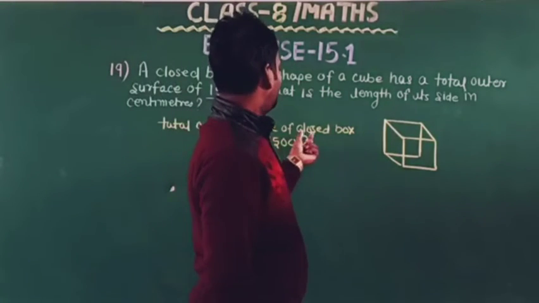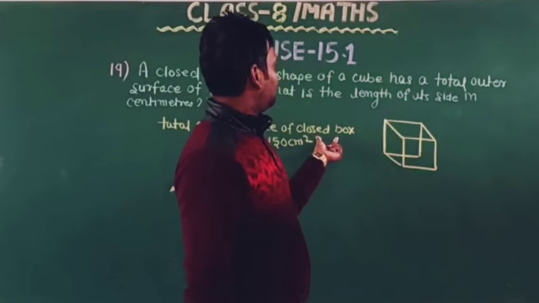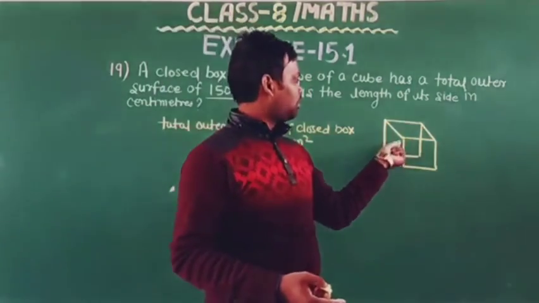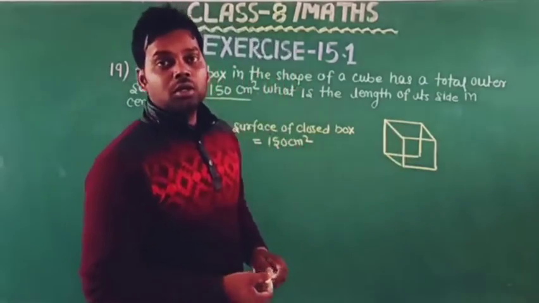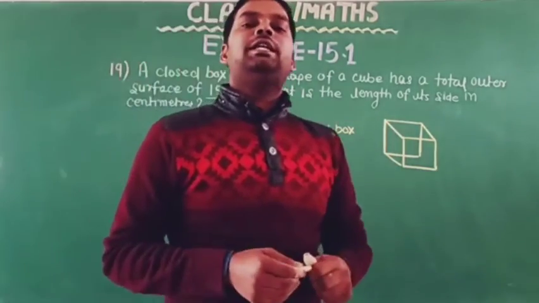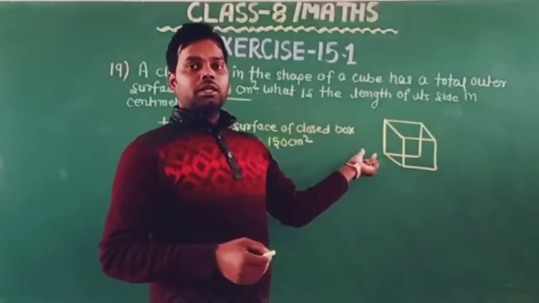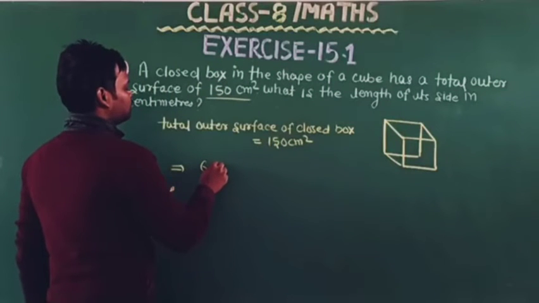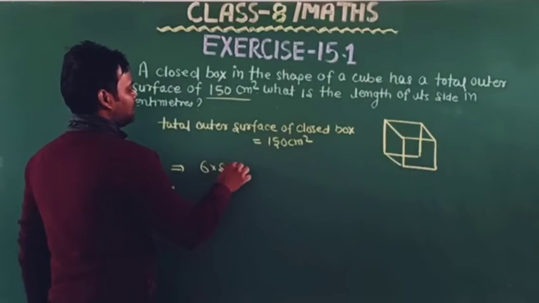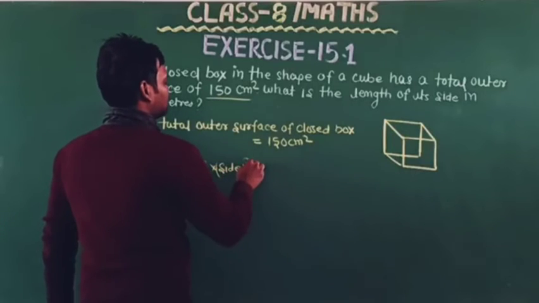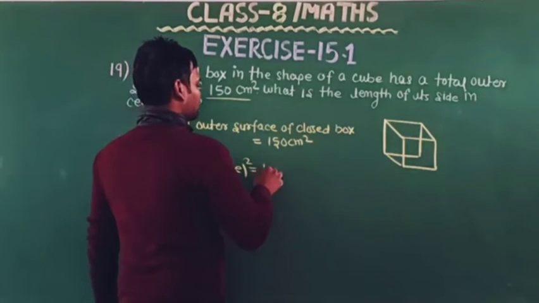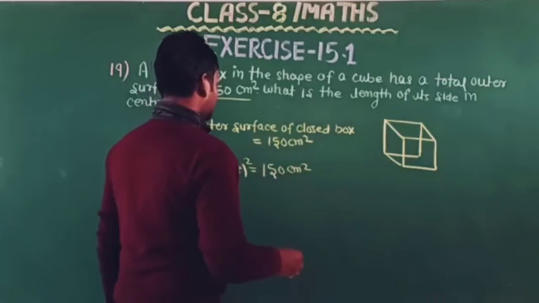We know that any closed box which is a cube has 6 faces like this. So we know the total surface area of a cube is 6 into side square, or edge square. So 6 side square will be equal to 150 centimeter square.